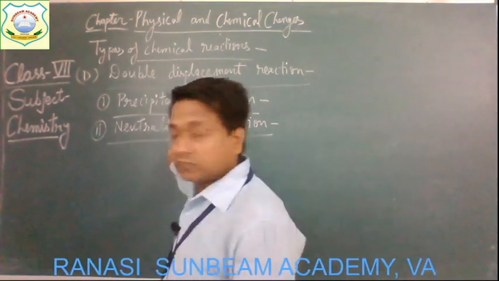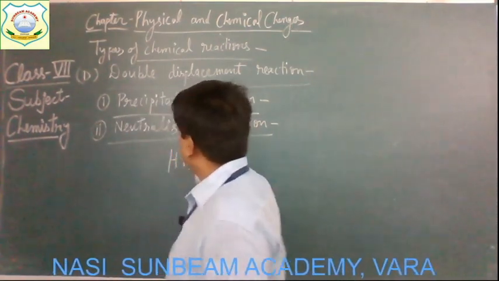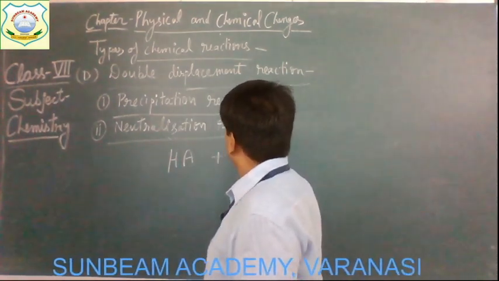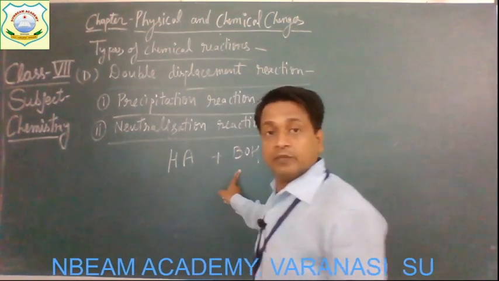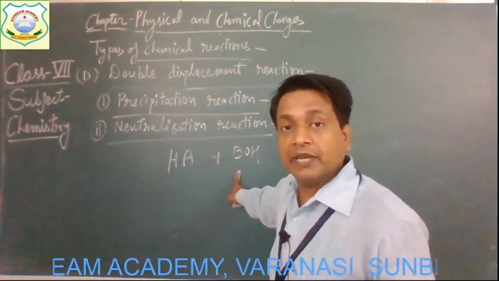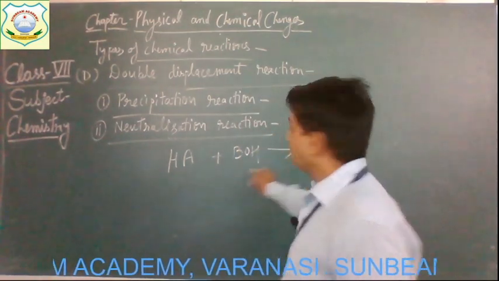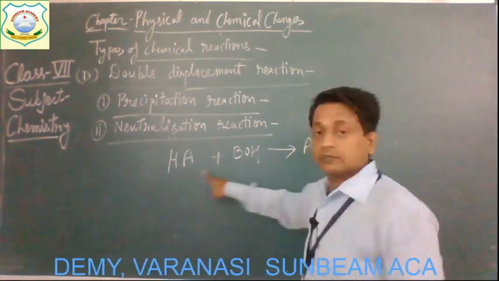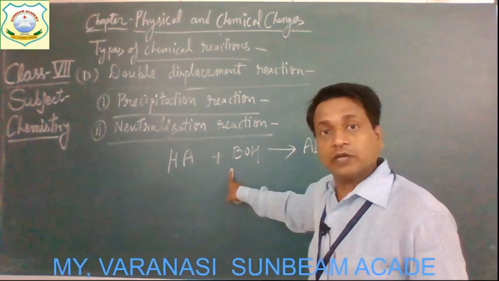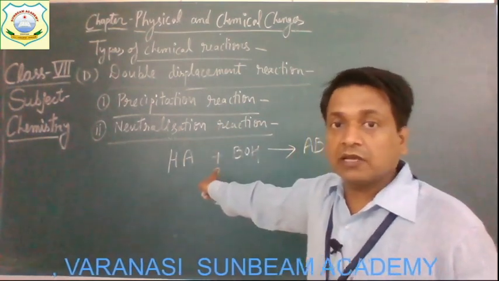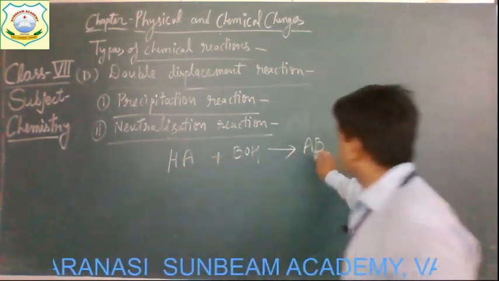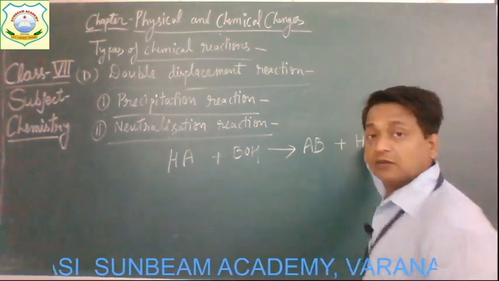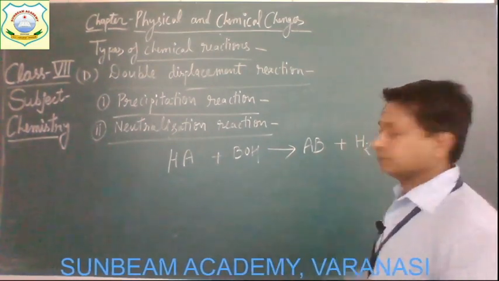the general equation: HA indicates an acid, and BOH indicates a base, and when they both react, it forms a salt, because a double displacement reaction is going to occur. So AB indicates a salt, and water will form.